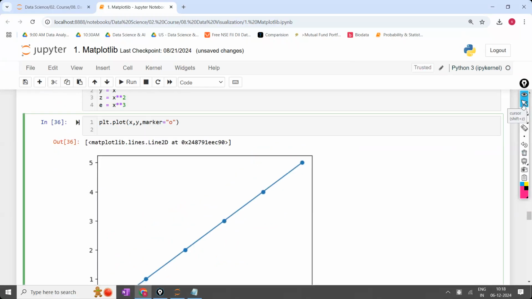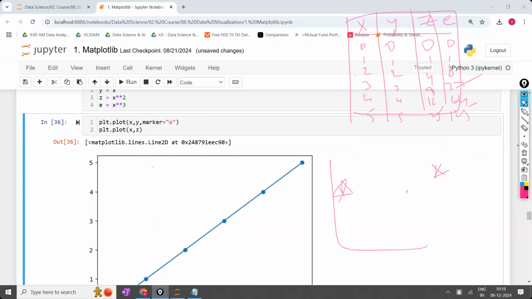Now, after this, what I'm going to do is plt.plot of x comma z. Now, what is x comma z? That is x values. What are the x values? 0, 1, 2, 3, 4, 5. And what are the z values? 0, 1, 4, 9, 16, 25.